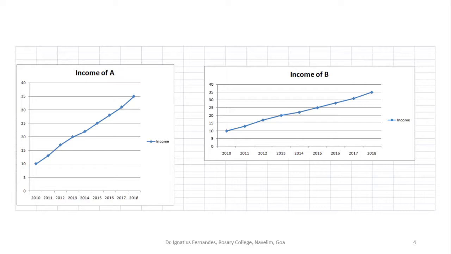Now if you look at these two plots, one gives you the income of A, and the other gives you the income of B. If I compare these plots, what do you see? Would you say, based on this graph, that the income of A is increasing steeply as compared to the income of B, which is increasing much slower?